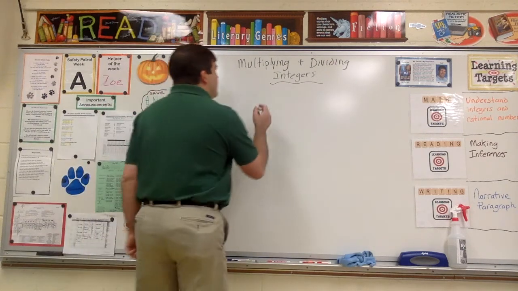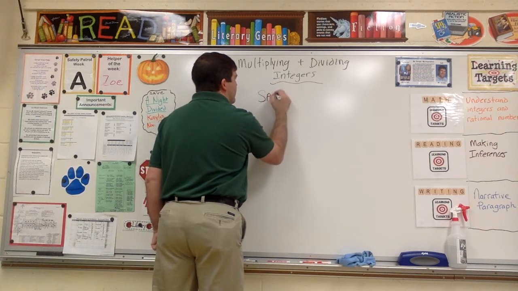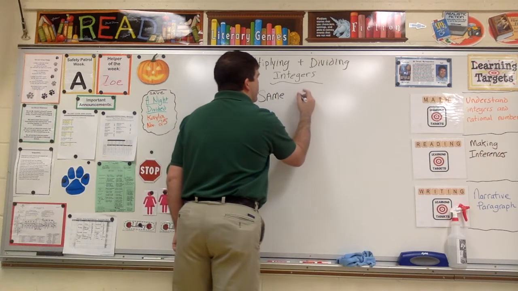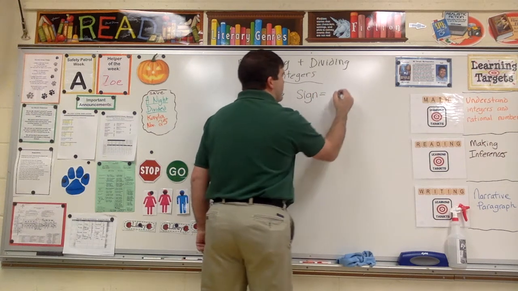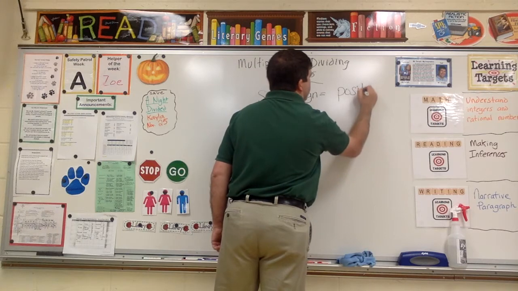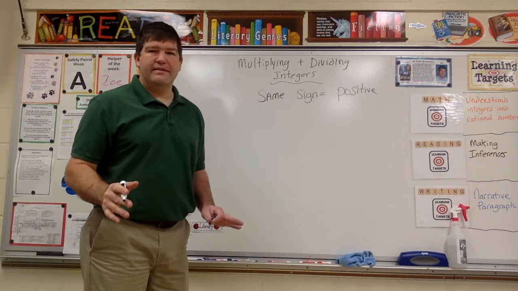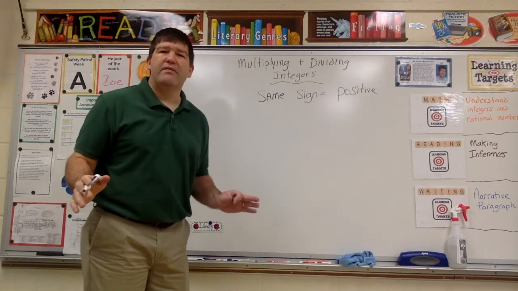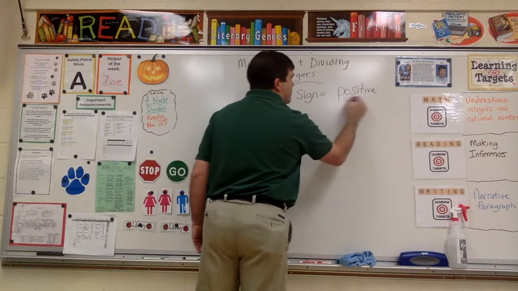So the rule here is if you have the same sign, it's always going to be positive. Always. Same sign. Doesn't matter if it's negative and negative or positive and positive, it's always going to end up positive.